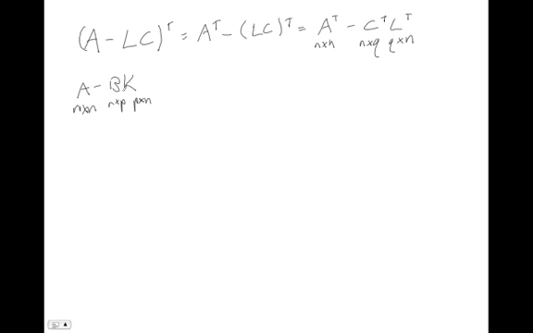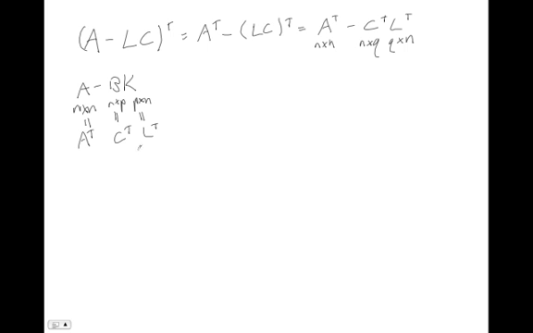So once you have a method to take something that looks like A minus BK and solve for K using this controllable canonical form, you can apply that same method to a system that looks like this, where everywhere you would have an A, you have an A transpose, and everywhere you'd have a B, you'd have a C transpose, and everywhere that you'd have a K, you'd have an L transpose.